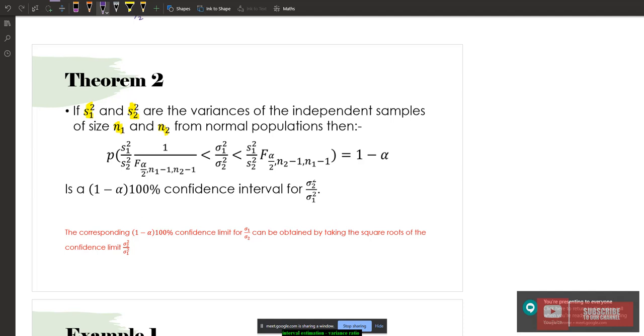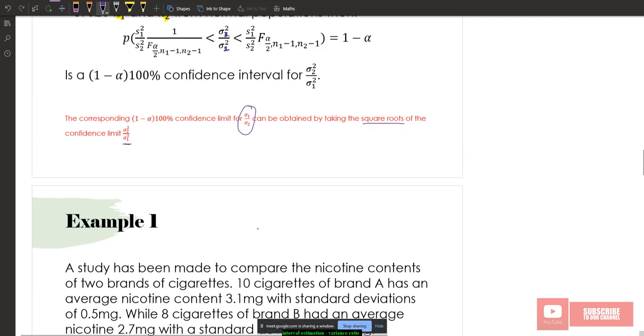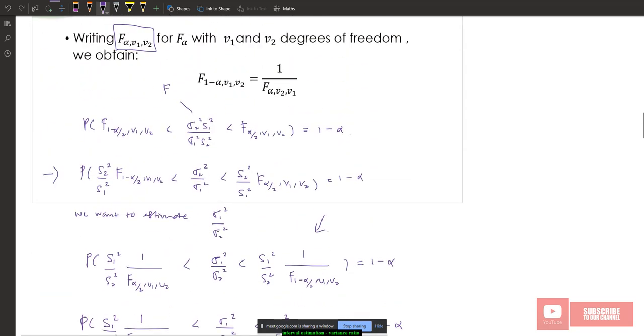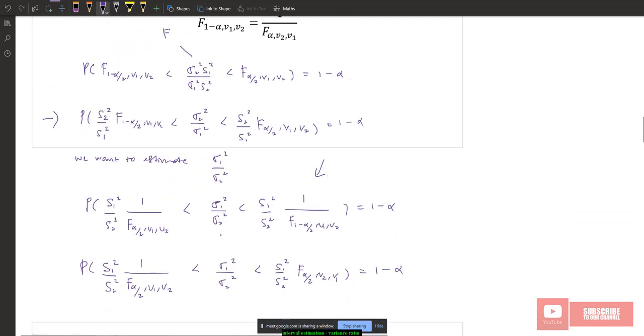So if we want to find the confidence limit for the ratio of the standard deviations, we just need to take the square root of the confidence limits, right? So this is very simple. Now let's look at the example, but before we go there, do you understand the concept of the F distribution?